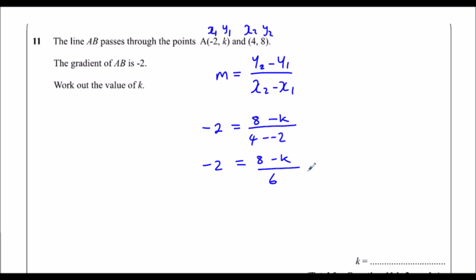Now we can multiply both sides by 6 to get rid of the fraction. So negative 12 is 8 minus k. Then I will plus k to both sides to make the k positive. So k minus 12 is 8. Then plus 12 to both sides. So k is 20.